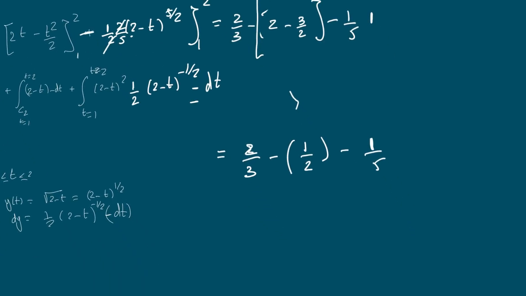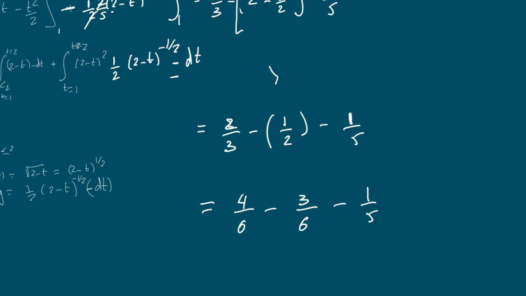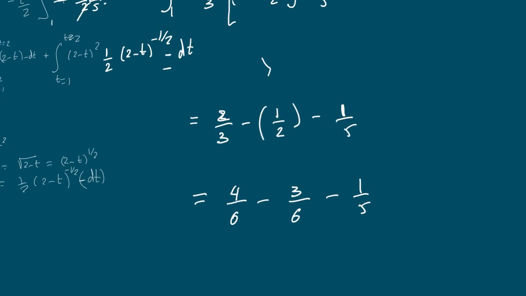Let's go to pray now. 2/3 minus 1/2 is the same as: I multiply by 2 and we have 4/6, and I multiply by 3 and we have 3/6, minus 1/5. So 4/6 minus 3/6 is 1/6 minus 1/5.